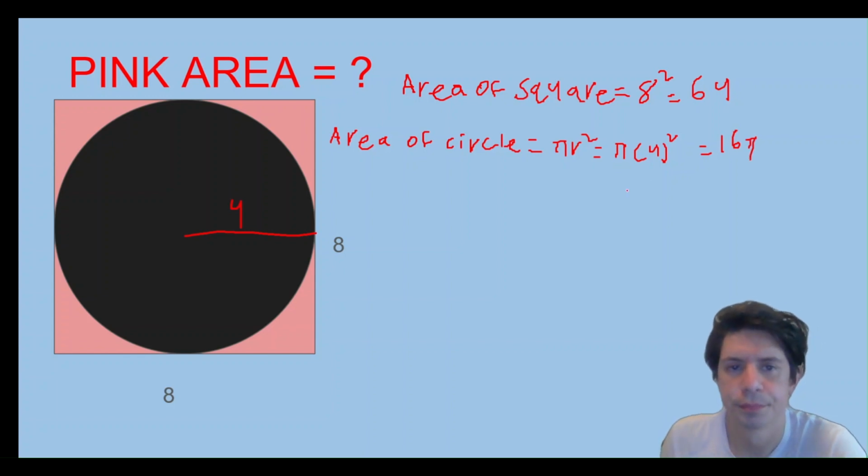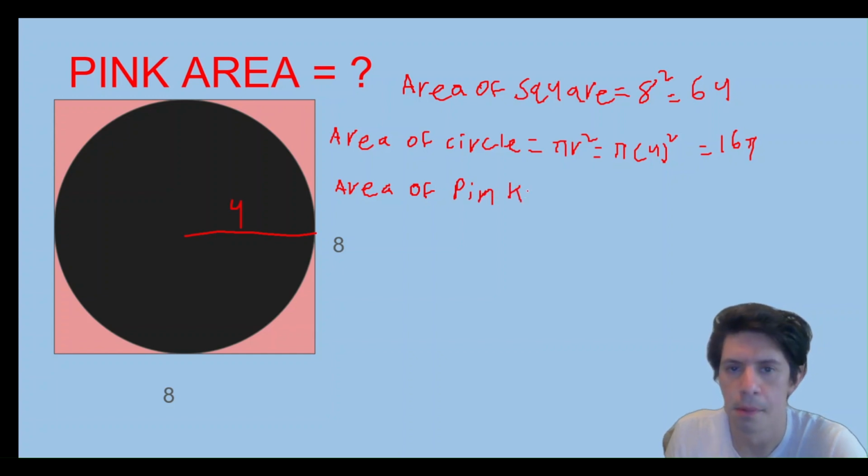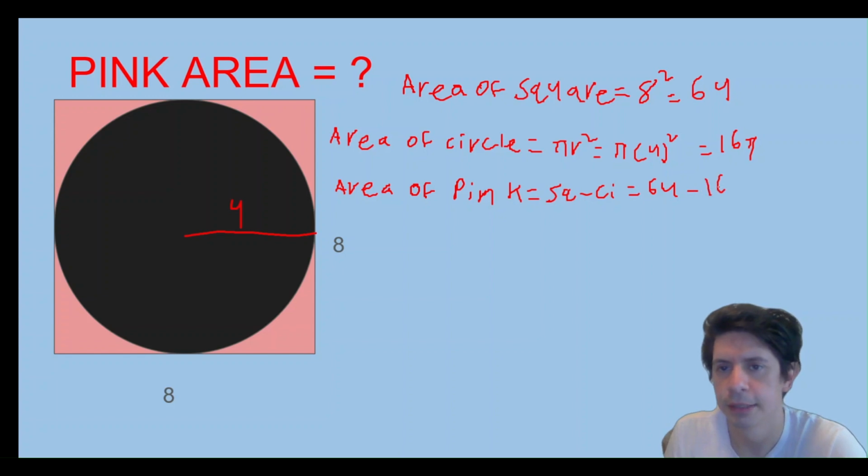So your answer will be area of pink equals square minus circle, equals 64 minus 16 pi.